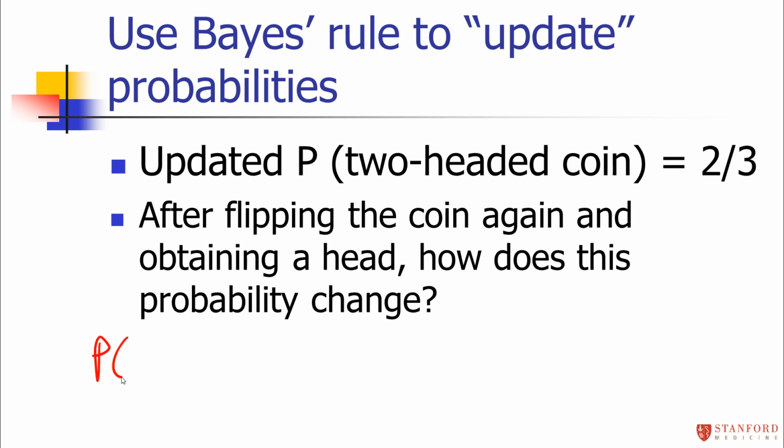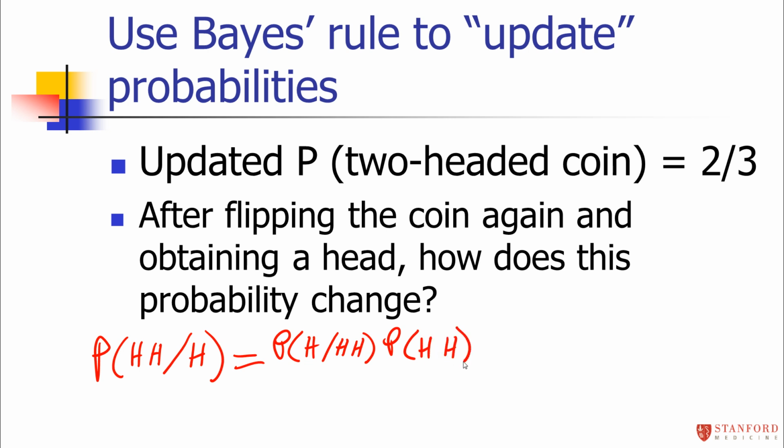So now again, what's our probability of having the double-headed coin given that we again flipped a heads? That's equal to the probability that we would flip a heads given that we have the double-headed coin, times the probability of having the double-headed coin, divided by the probability of flipping a heads at all. Again, if you have the double-headed coin, you're guaranteed to get a head, so that one is just 100%.